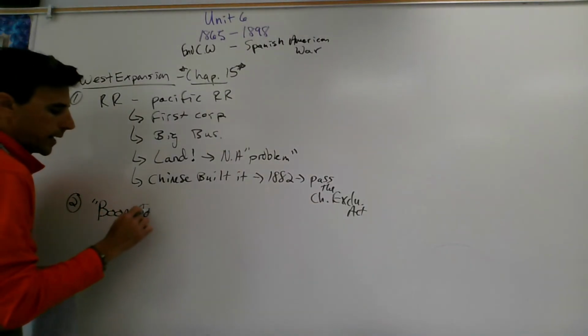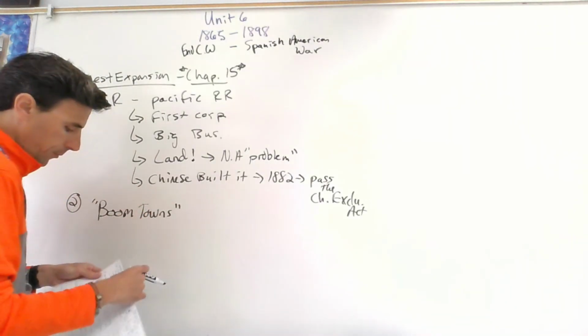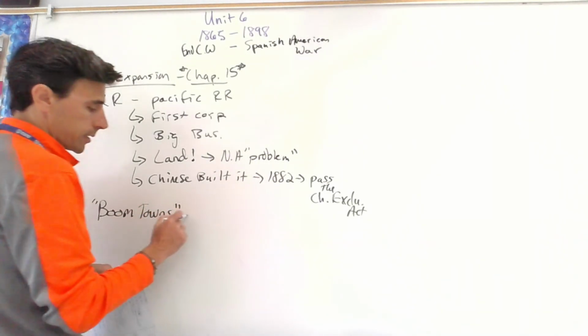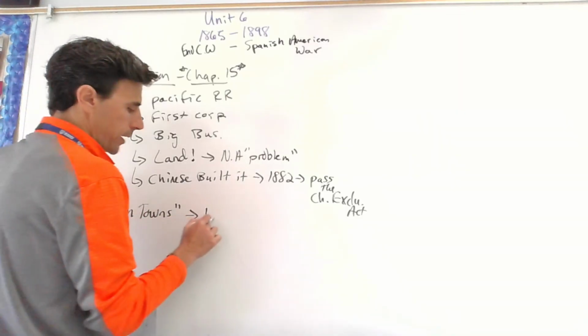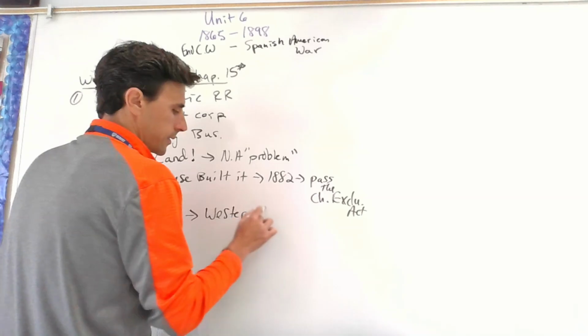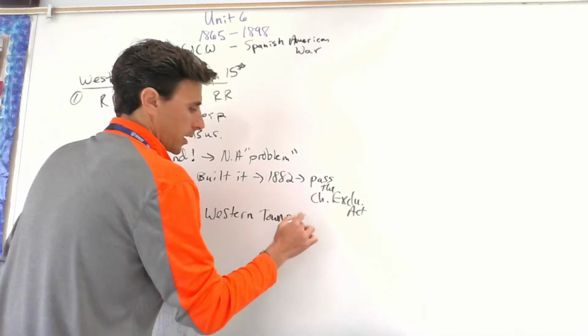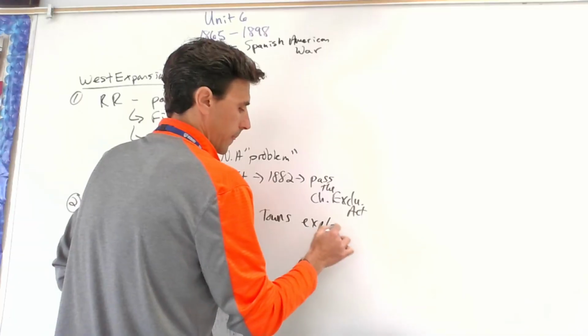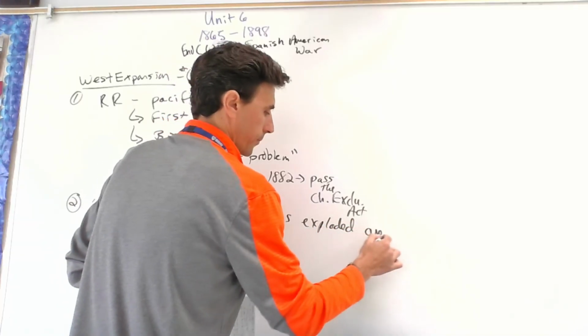The second big thing with Western migration that you should remember is it created what's known as boom towns, overnight. And it's really simple. What are these boom towns? It's basically where Western towns kind of exploded overnight.